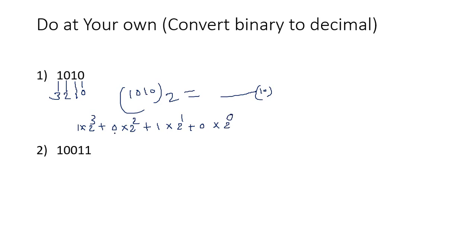Now whenever 0 is the multiplier, whatever you have, it becomes 0. So here it will be 8, here it will be 0, here it will be 2 because 2 raised to 1 is 2, 2 multiplied by 1 is 2, and here it's going to be 0 because the multiplier is 0. When you do the summation, what you get is 10. That means if somebody gives you 1010 in binary, its decimal equivalent is 10.